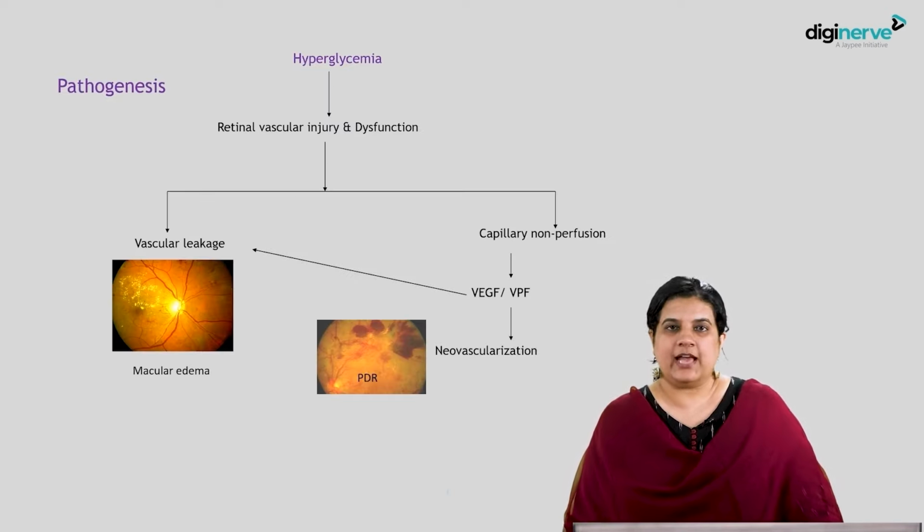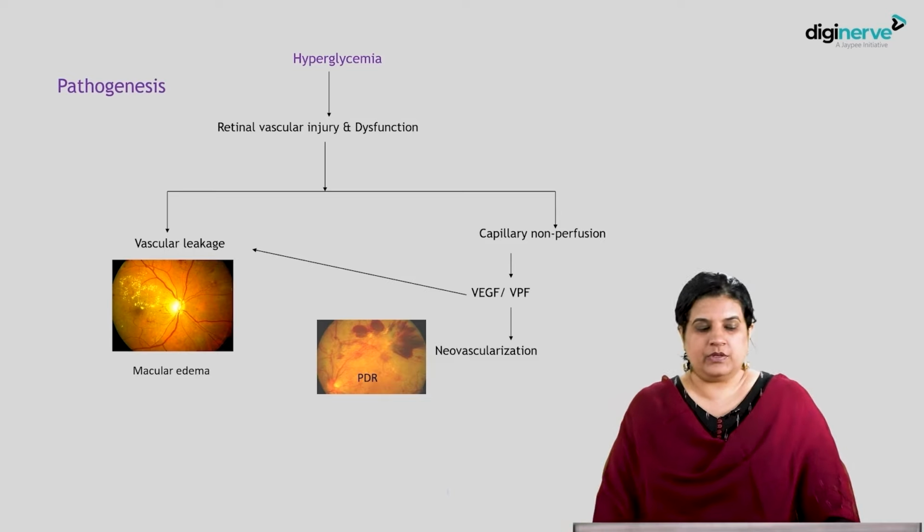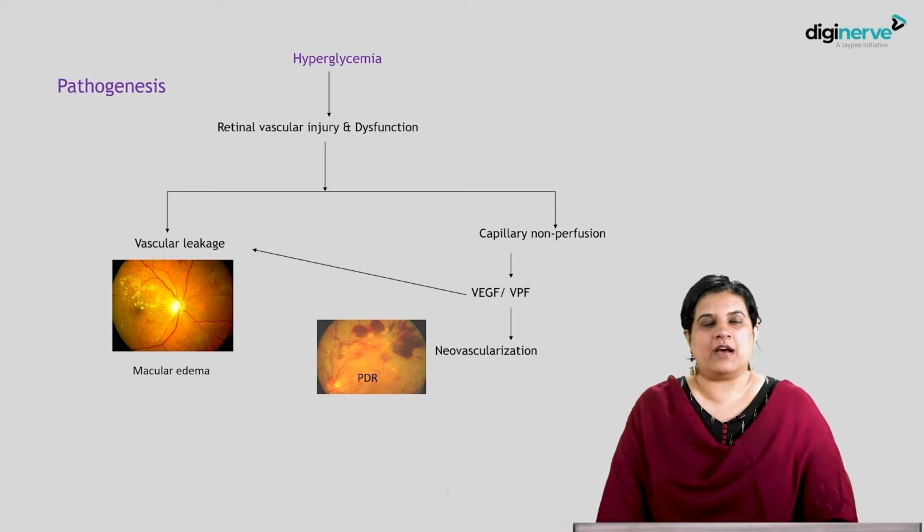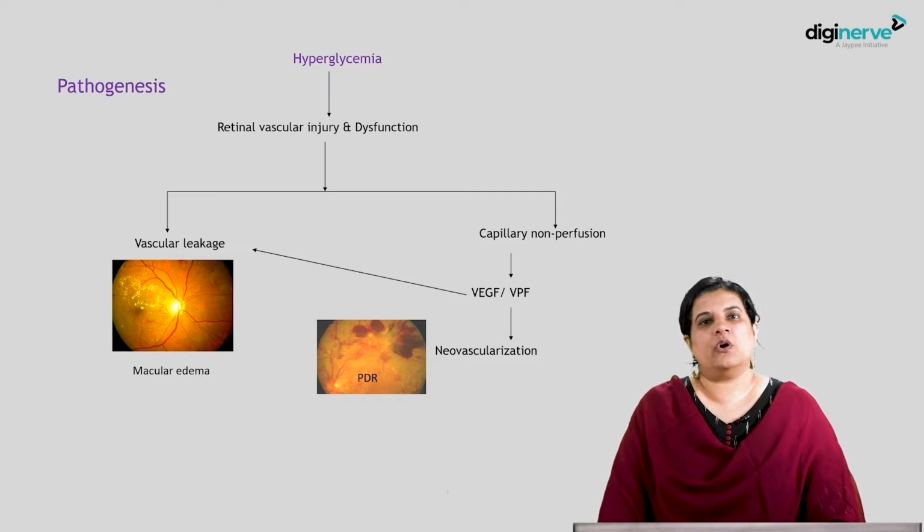So what actually happens is that if there is a state of hyperglycemia in the body, it will lead to retinal vascular injury and dysfunction. There will be two things: one, vascular leakage, and the second would be capillary non-perfusion. Vascular leakage would result in macular edema, and capillary non-perfusion would lead to an upregulation of vascular endothelial growth factor and vascular permeability factor.